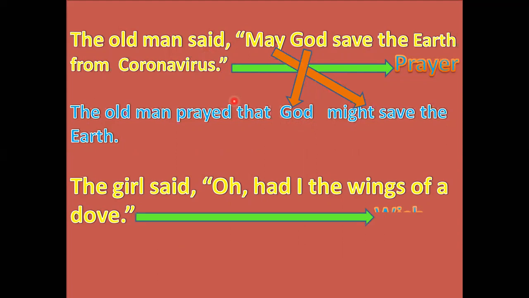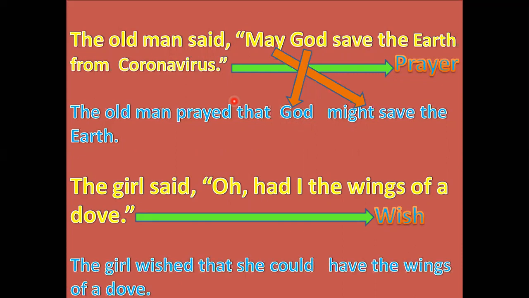Okay. Second sentence, it's a wish. So accordingly, the sentence will be changed into: the girl wished that she could have the wings of a dove. Exactly in the same fashion here also. Who is this I? I is of course the speaker, meaning the girl, and that's why it is changed into she.